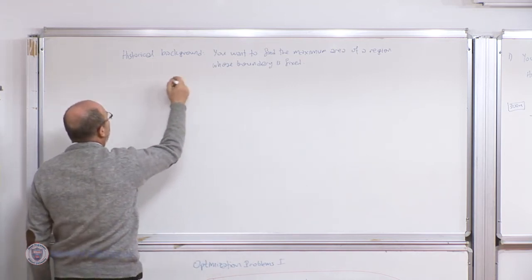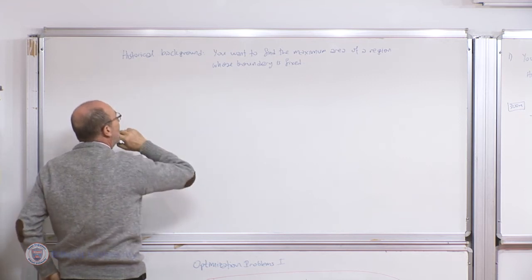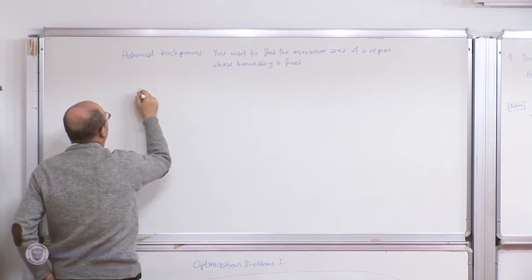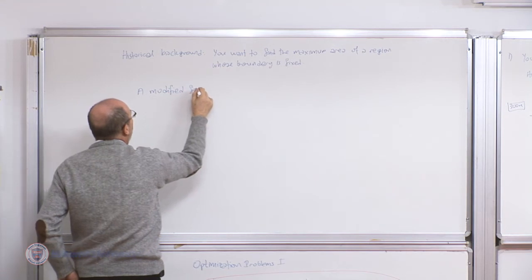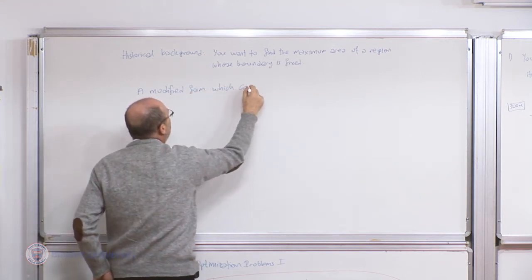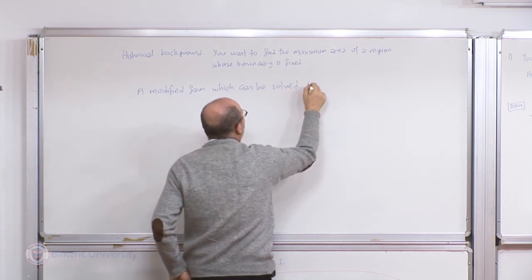So check Wikipedia for this thing. I forgot the name. This is about Carthage or something. Okay, so a modified form which can be solved by calculus.